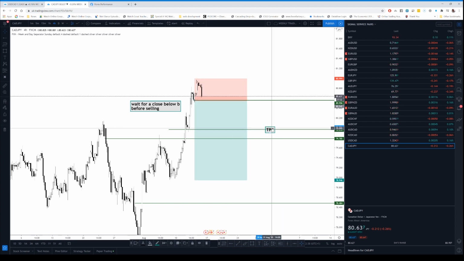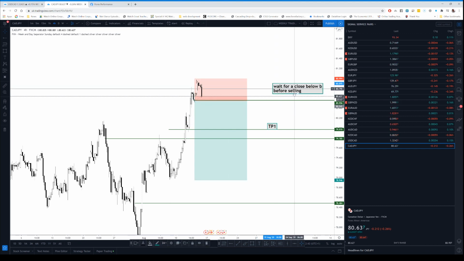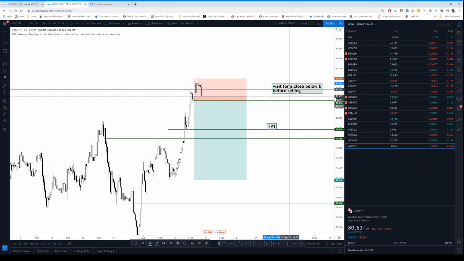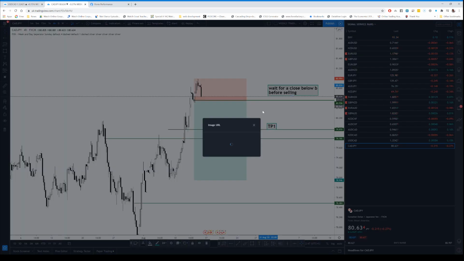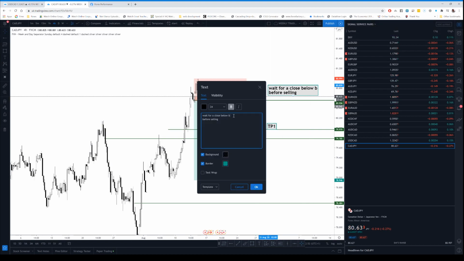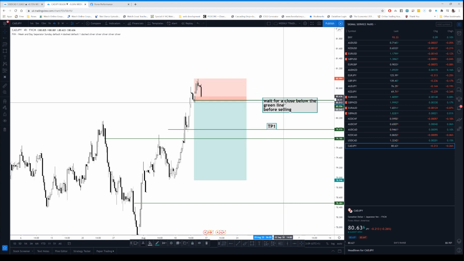TP1 will be there, and boom. And then you hold on to some and see how far it's gonna go. So let's take a picture. Below where? Below the green line. Wait for price to close below the green line before selling.